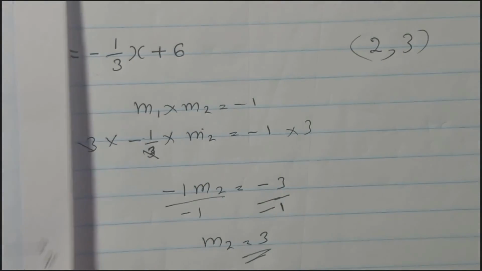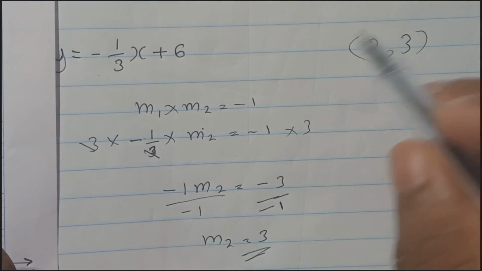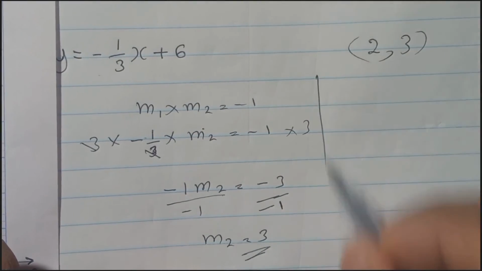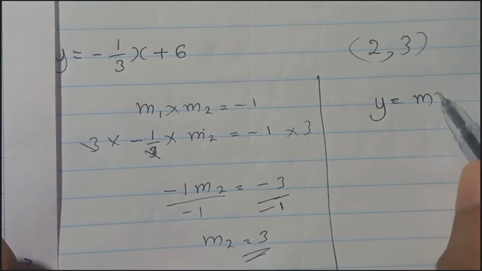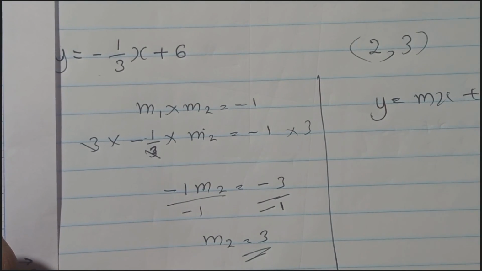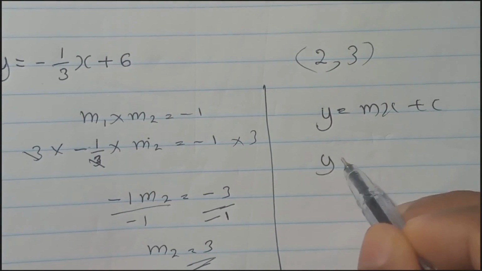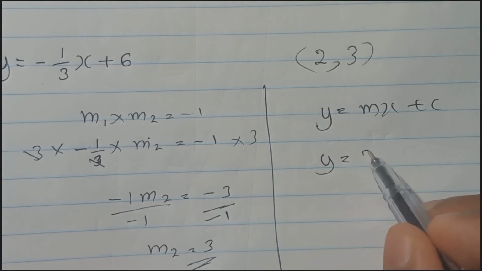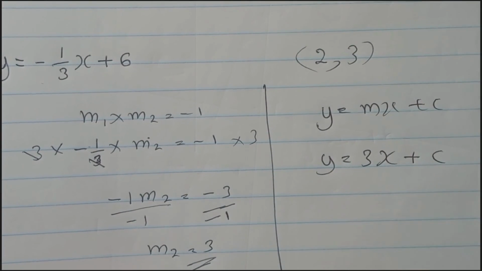That's why we use it and get this one's gradient. Now like we did earlier, we know the gradient and it passes through this point. So like we did earlier, we can write the equation as y equals mx plus c. Using that, here the gradient is 3, so y equals 3x plus c, and we need to get c now.